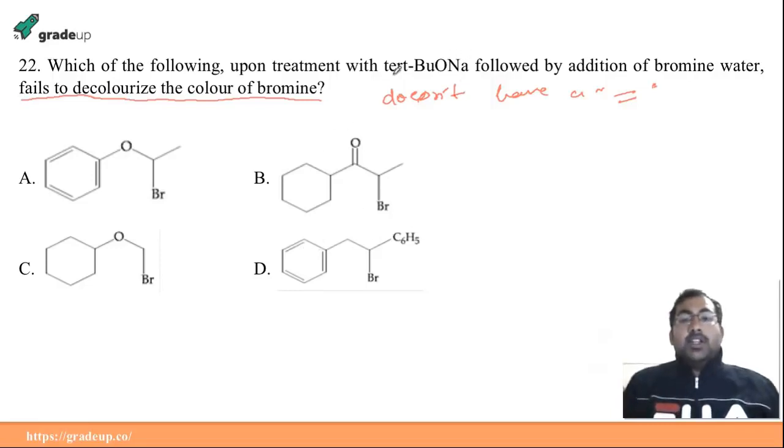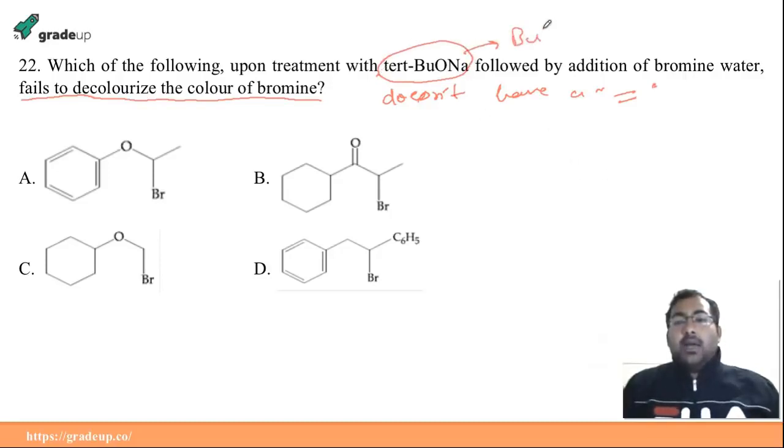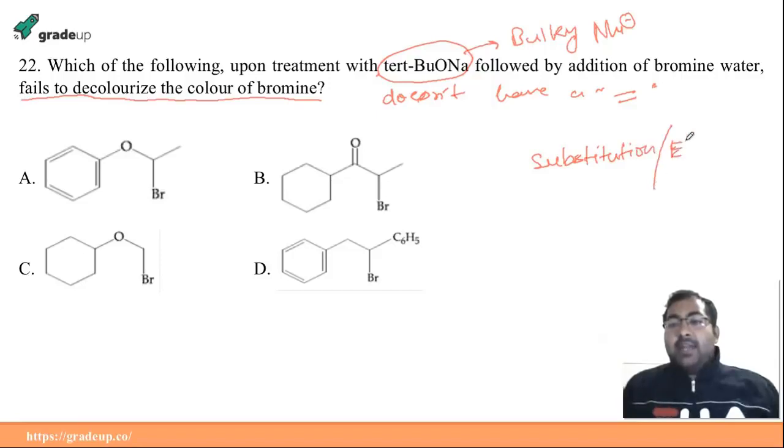All right, so tertiary butoxide ion is a bulky reagent. What kind of reagent is it? It is a bulky nucleophile, so it can give a substitution reaction as well as an elimination reaction.